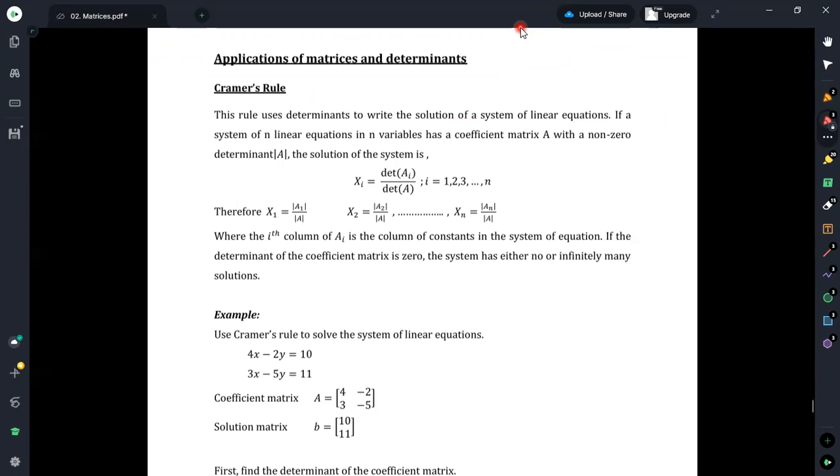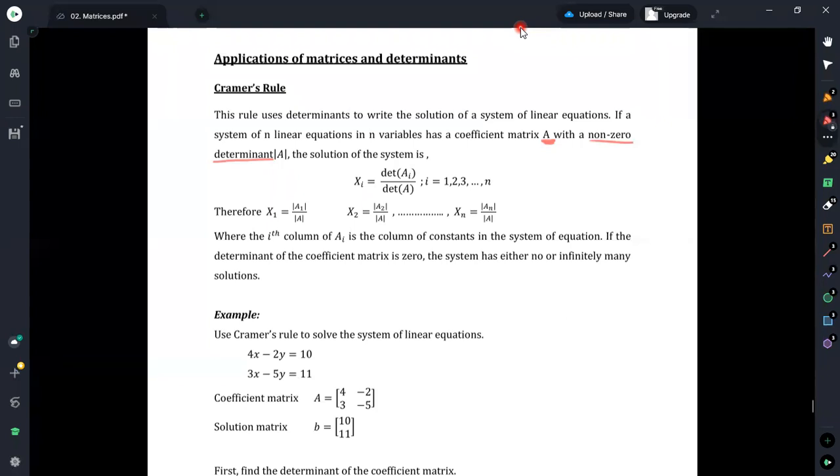If you obtain a matrix including the coefficients of these variables, then that matrix is called matrix A. If this matrix A has a non-zero determinant, then we say that the solutions for this system exist. Otherwise, we say that the solutions do not exist for the system of linear equations, or there are infinitely many solutions.